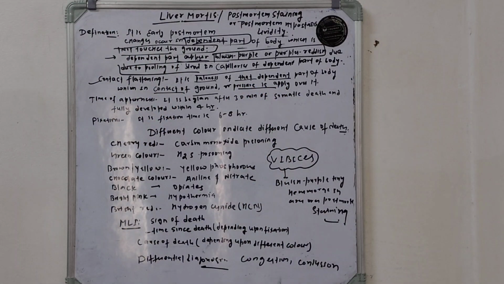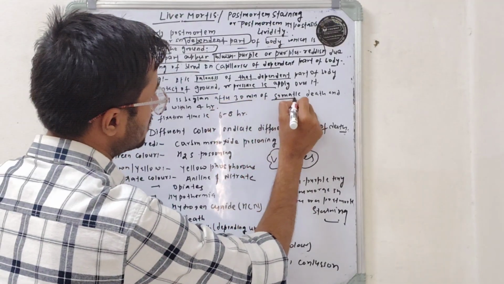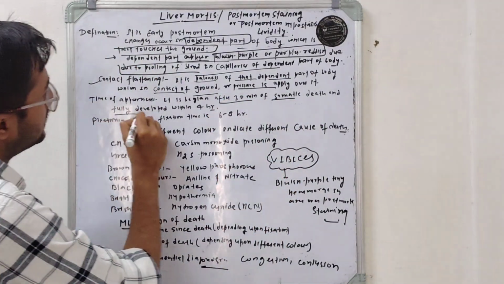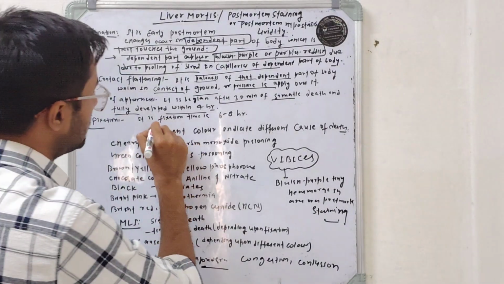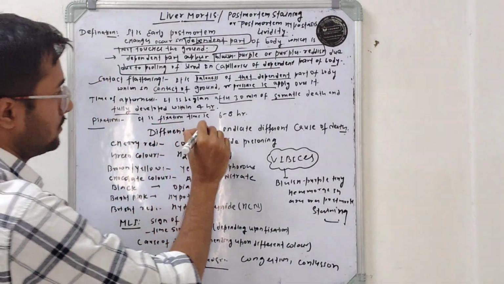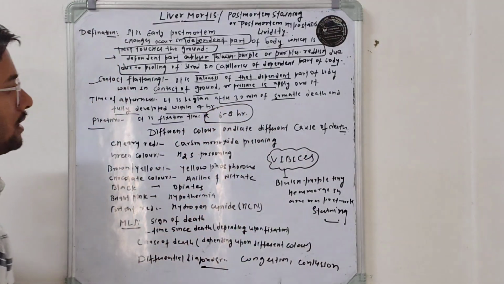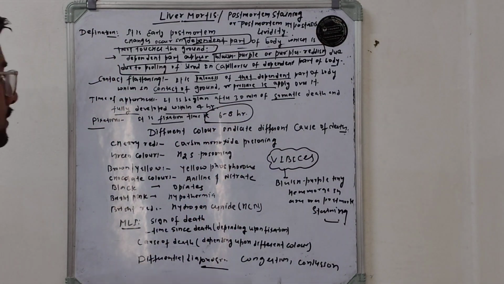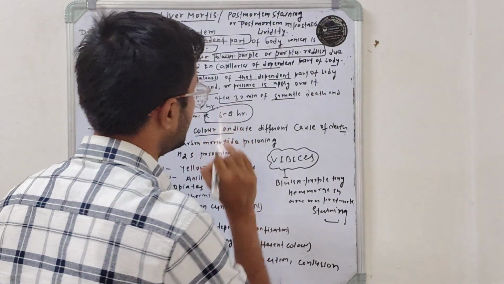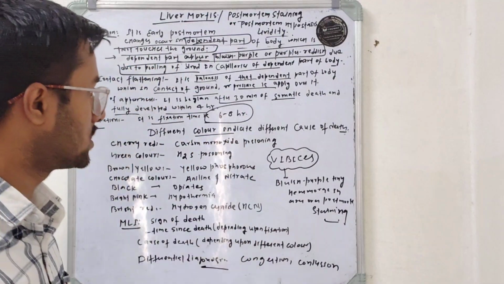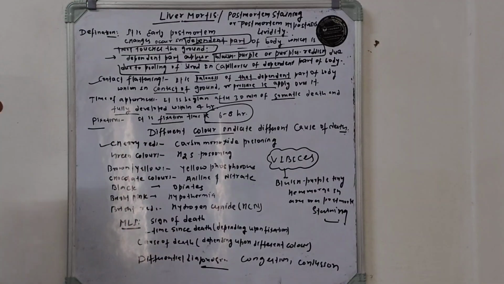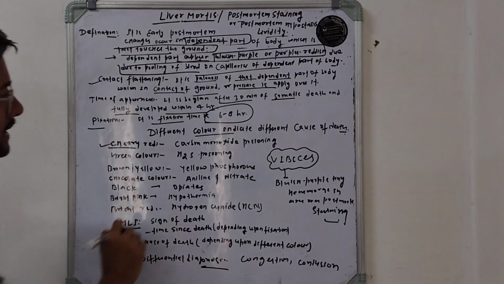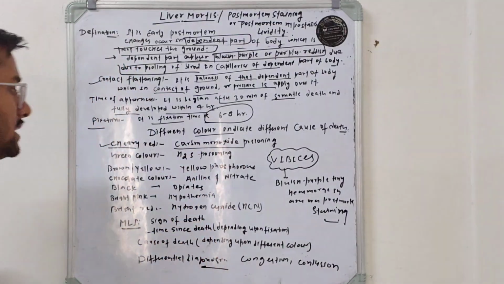Time of appearance: it begins after 30 minutes of somatic death and is fully developed within 4 hours. What about fixation? Fixation develops within 6 to 8 hours. Now we discuss the different color changes which indicate different causes of death. If the post-mortem staining color is cherry red, it indicates carbon monoxide poisoning.